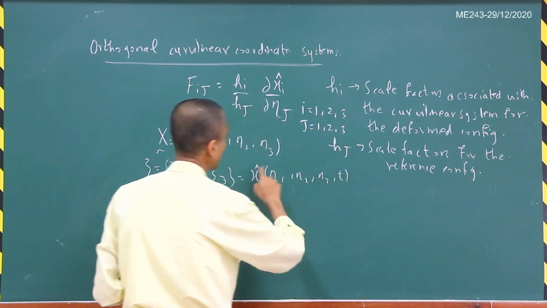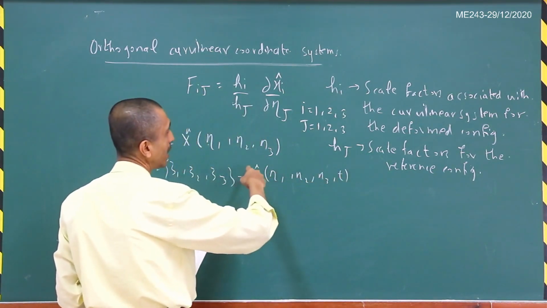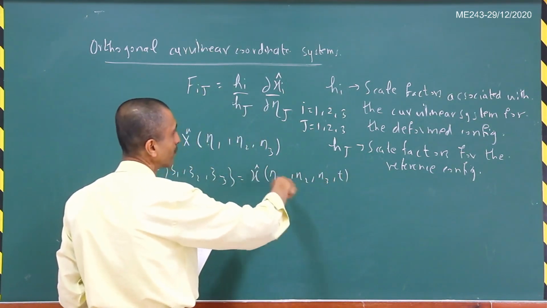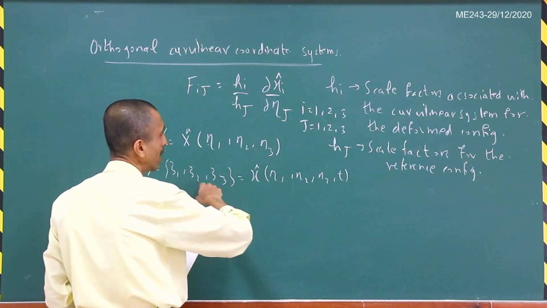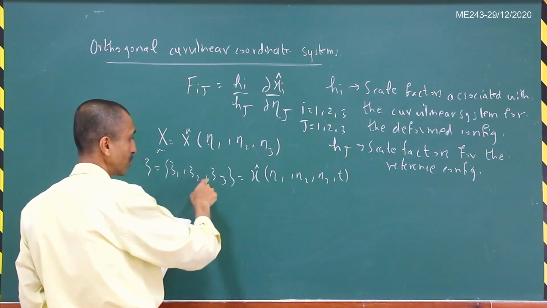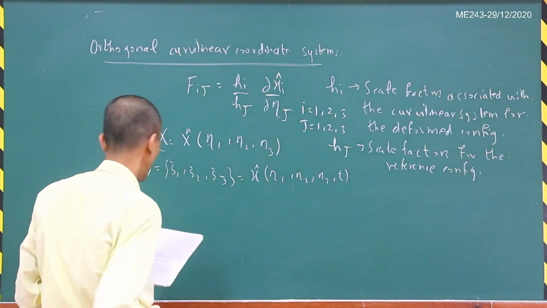So basically you are taking the gradient of this mapping to reach the position vector in the deformed configuration.